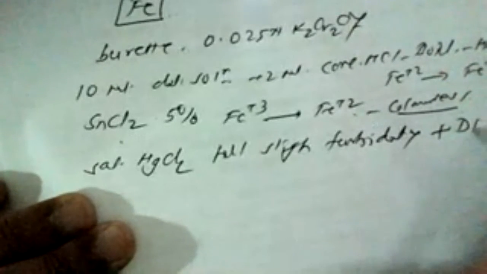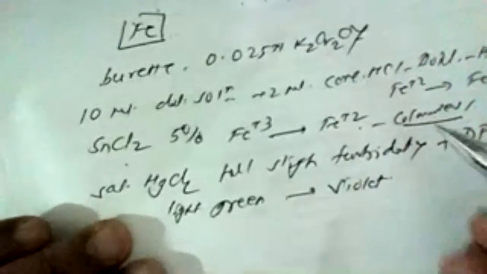Then we have to add diphenylamine indicator. We have used this indicator last year also. Initially, a light green color is obtained by adding diphenylamine indicator. When we titrate with potassium dichromate, the solution at the end point turns violet.